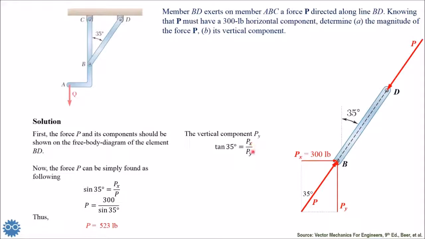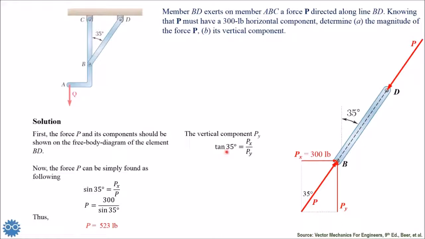You should be careful here, because 35 is not the angle between the force P and the horizontal direction. It is between P and the vertical direction. So that's why we put Px over Py in order to compute the value of tan 35. This is very, very important.